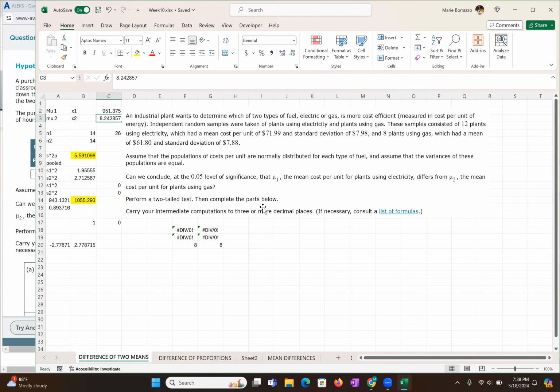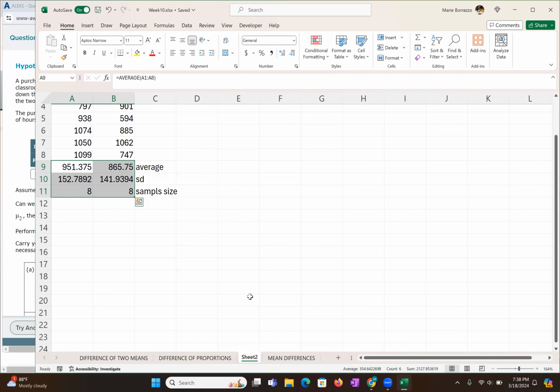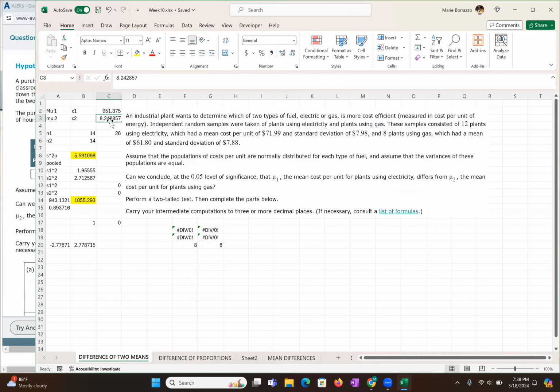And in this one, I'm gonna put the other number, which is 865.75. Sample size is 8. And this is already programmed, you don't have to do anything to this.